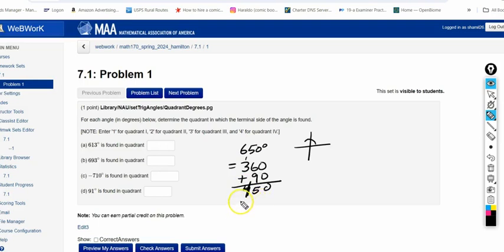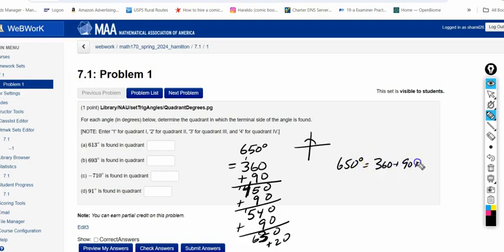If I go a further 90, that's going to give me 540. If I go a further 90, that's 630. Okay, then I go a further 20. So 650, this is how you're going to have to split it up. It's equal to 360 plus 90 plus 90 plus 90 plus 20.